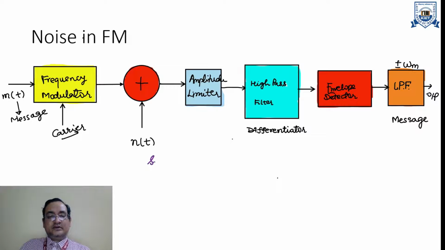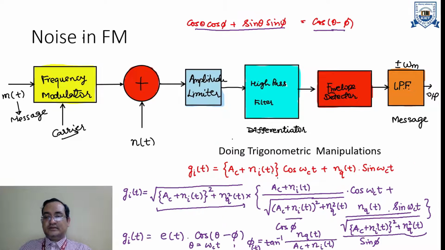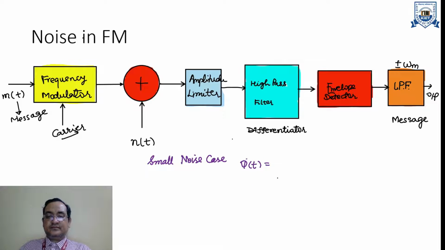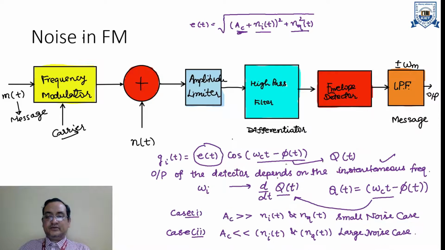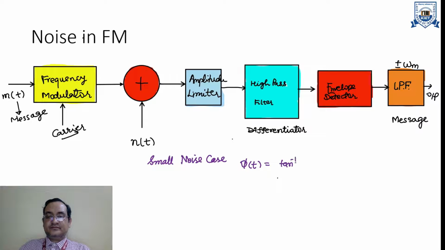Now for the small noise case, phi(t) will be equal to the angle value which I have mentioned here, so phi(t) will be equal to tan inverse of n_q(t) divided by Ac plus n_i(t), which is a function of t.